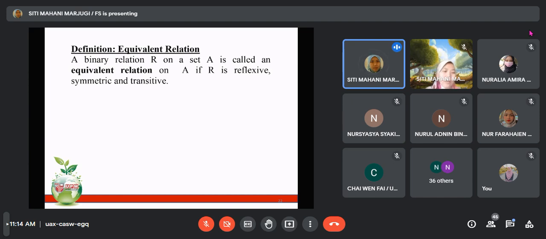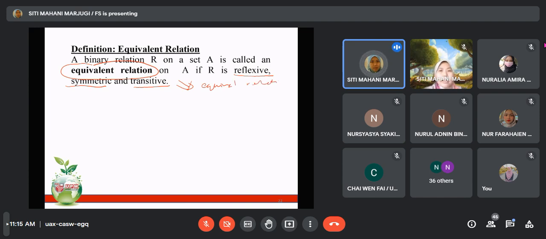Okay. So if all the properties are certified, which is R is certified for the reflexive, symmetry, and transitive, we can say binary relation R on the set A, we can call this an equivalence relation. Kalau dia certified all the reflexive, symmetry, and transitive, we can say this is an equivalence relation.